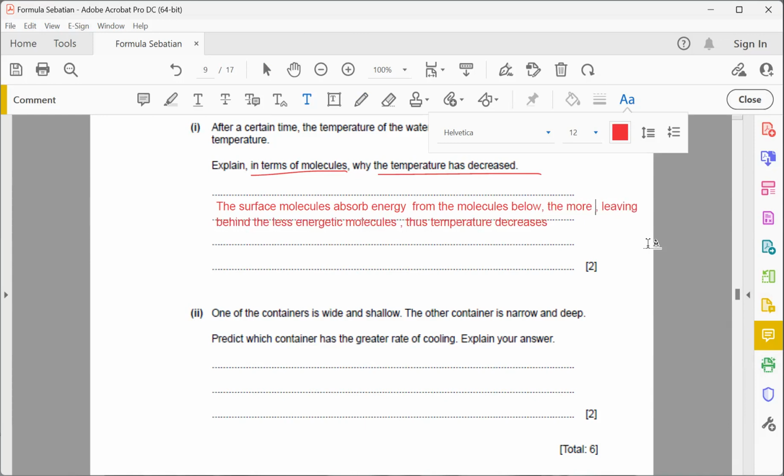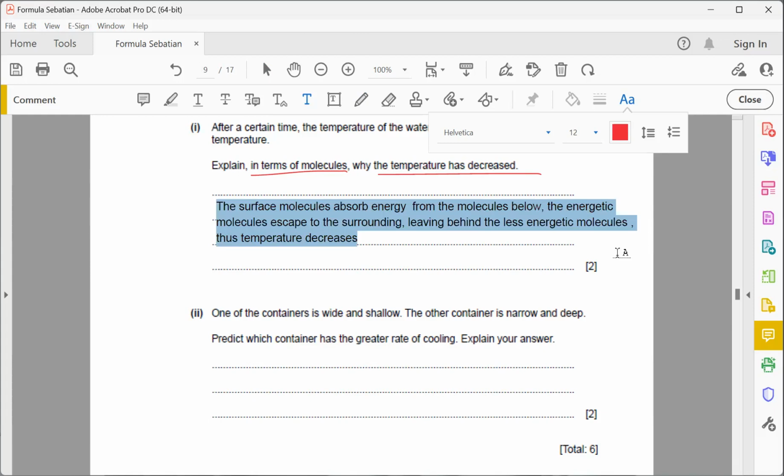The energetic molecules escape to the surrounding. Something like this. You mentioned that they escape to the surrounding, leaving behind the less energetic molecules, and obviously the temperature decreases.